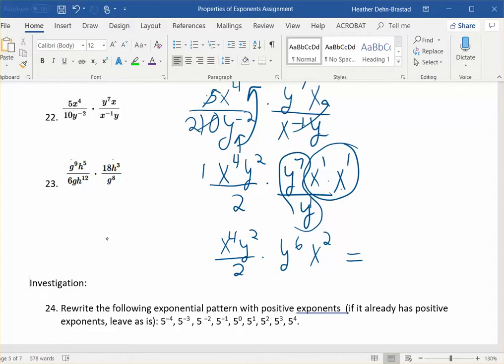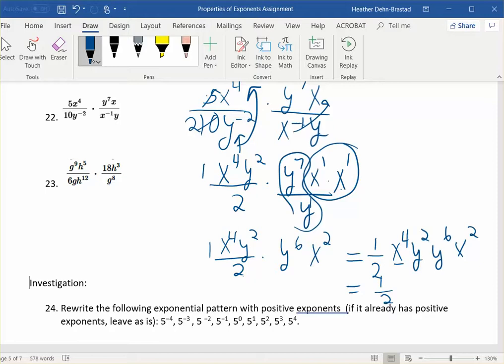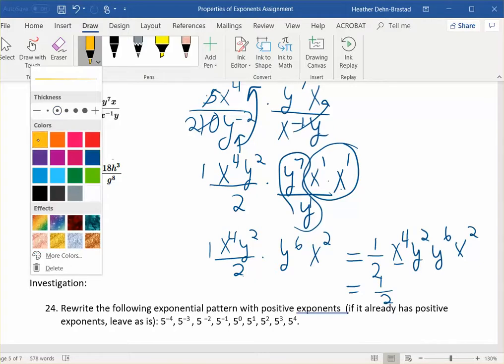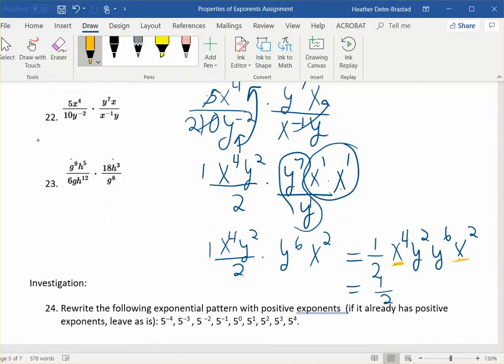Now I'm going to write this 1 over 2 in front as 1/2 to make this a little simpler. So we have x to the 4th, y to the 2nd, y to the 6th, x to the 2nd. The 1/2 is not going to change, but now that we have like bases, we have x to the 4th and we have x to the 2nd.